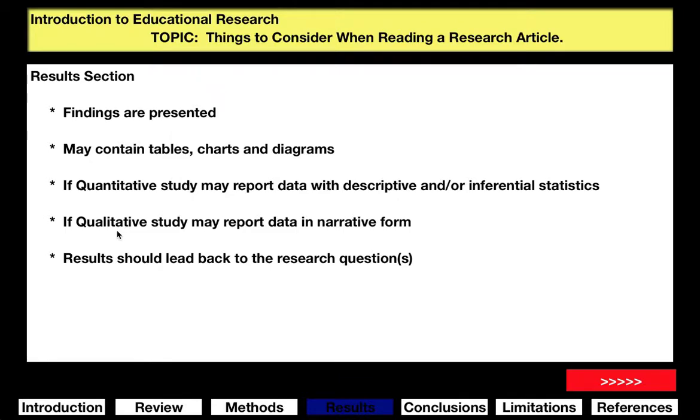If it's qualitative, if the study is a qualitative methodology, then a huge amount of narrative data was collected for the study. So the results will be reported in narrative form, not in statistical analysis or anything like that. And the results should be presented in a context that they lead back to the research question.